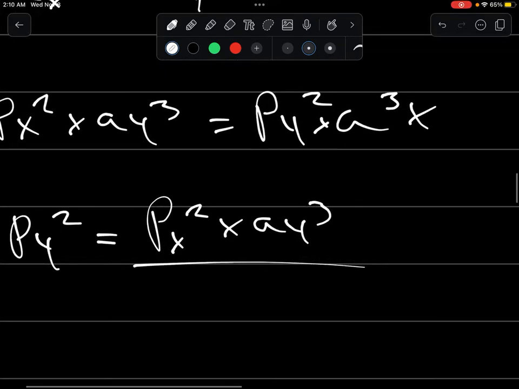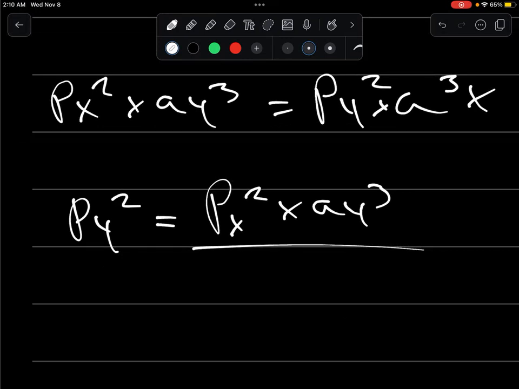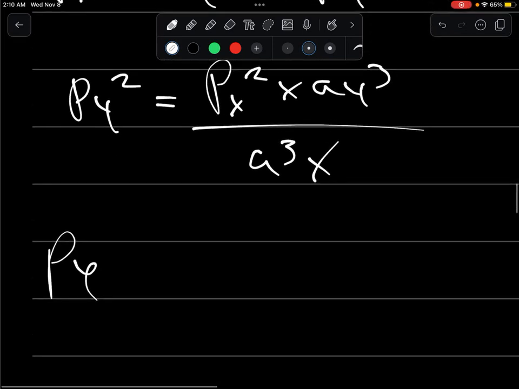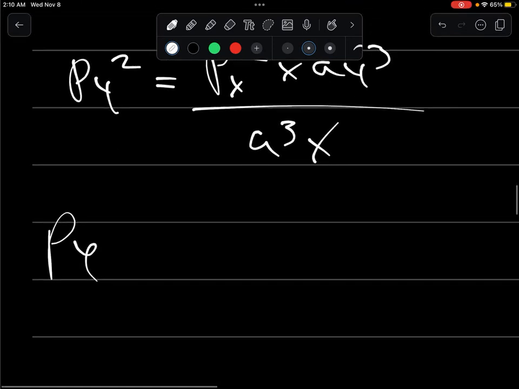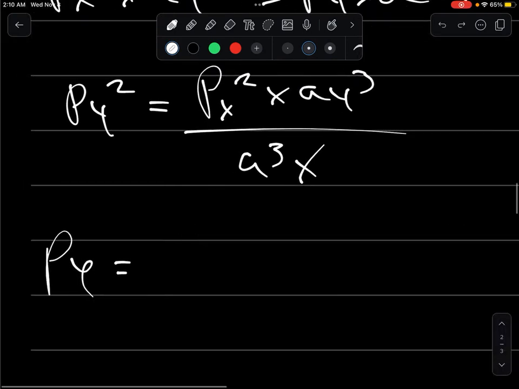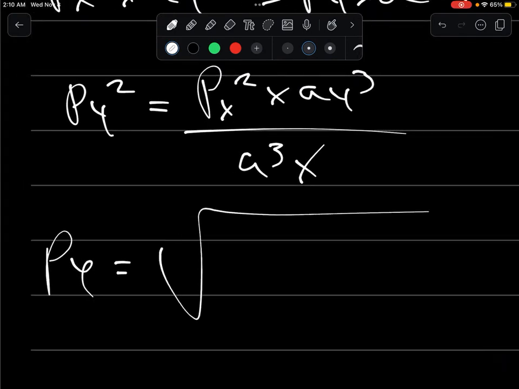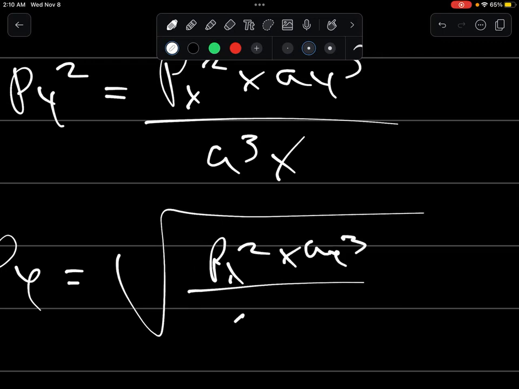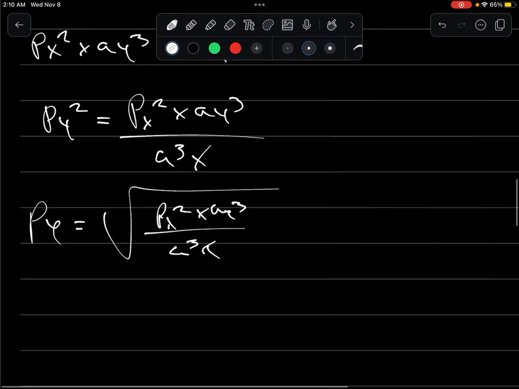Sorry guys, I'm getting a little lost in my steps here. Take out p sub y, and we get p sub y equals the root of this whole expression, p sub x squared times a sub y cubed over a sub x cubed, right?